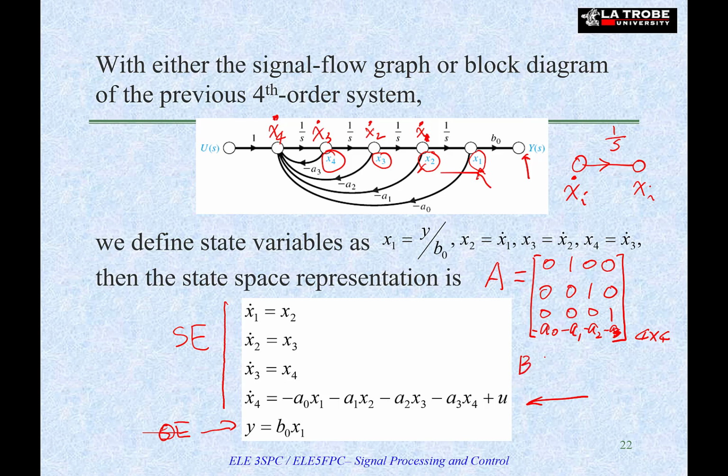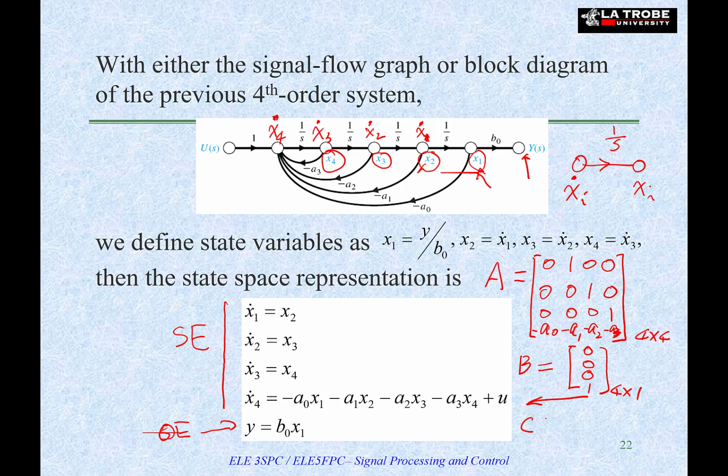Now, let's write B. Since this is a single input, single output system, matrix B becomes a vector. And this vector also follows a special format. It is 4 by 1.